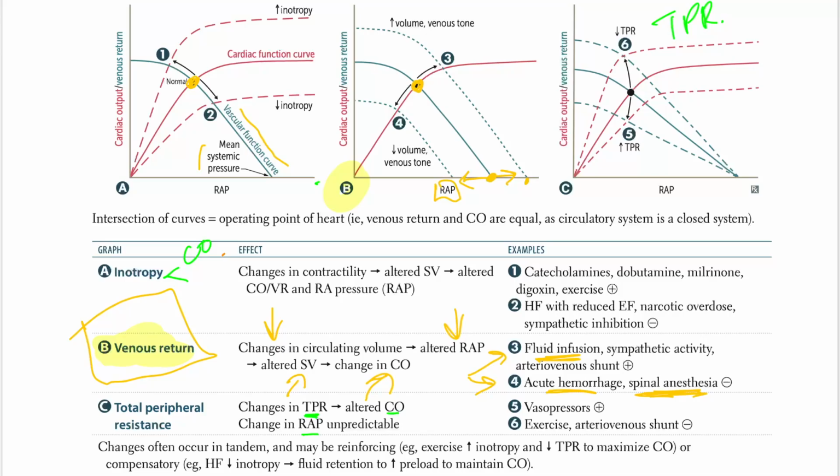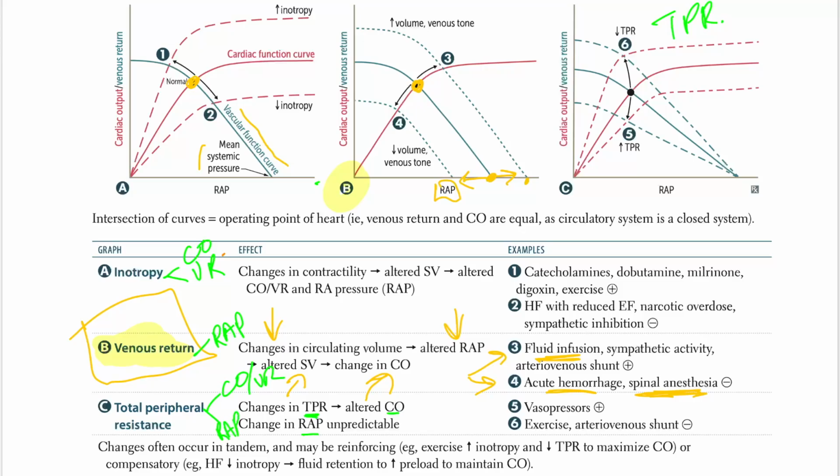Then we looked at venous return and said venous return will only change your right atrial pressure, right? And now we're looking at all things together. We're saying, okay, changing the TPR would not only alter your cardiac output and venous return, but on top of that, it will change your right atrial pressure.